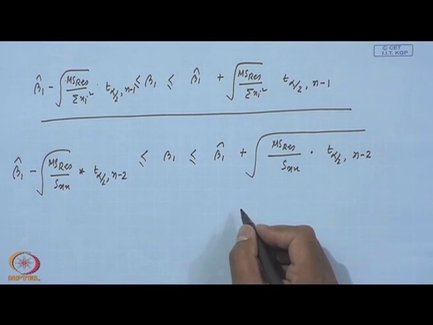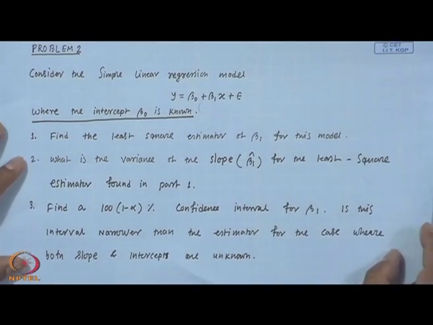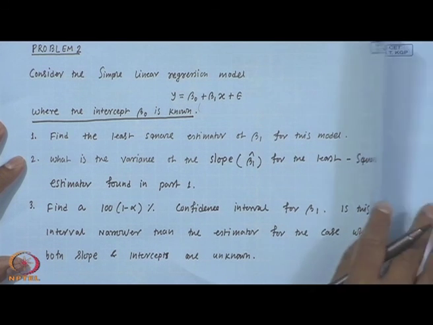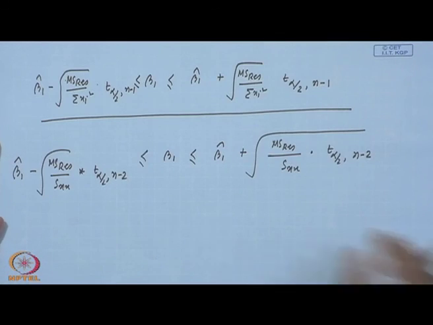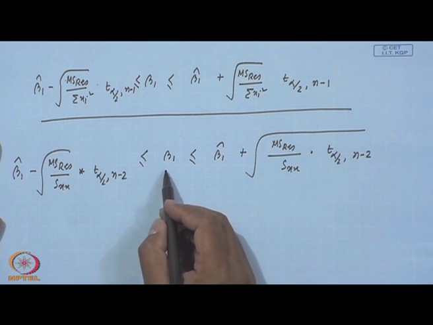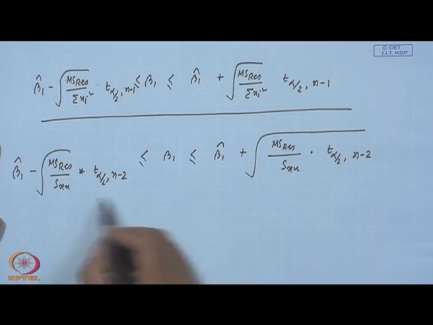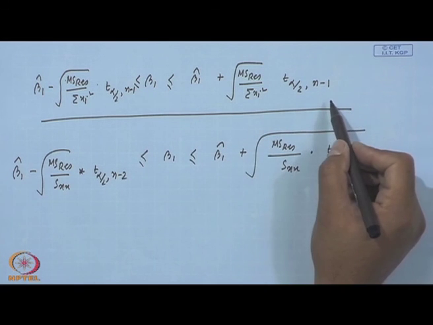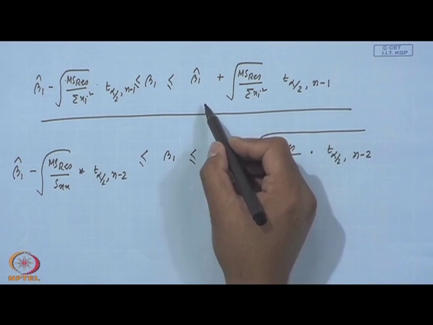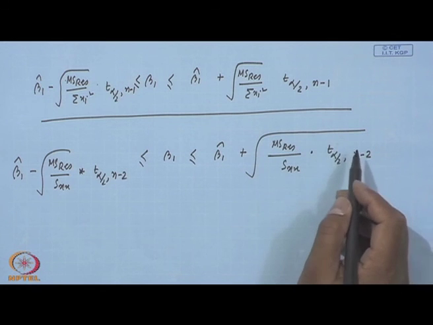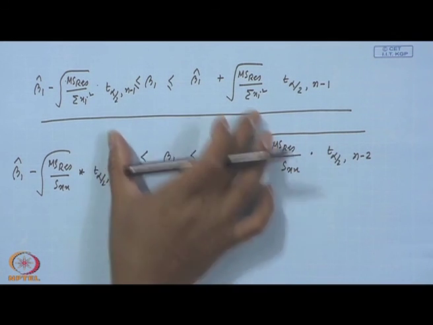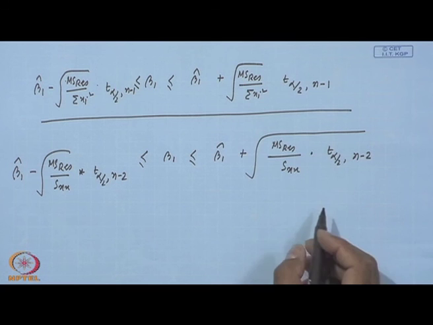Now, the question was: is this interval narrower than the one for the case where both slope and intercept are unknown? So, this is the case when both intercept and beta 1 are unknown, and this is the case when beta naught, the intercept, is known. Whether this interval is narrower than this one, how to check that?